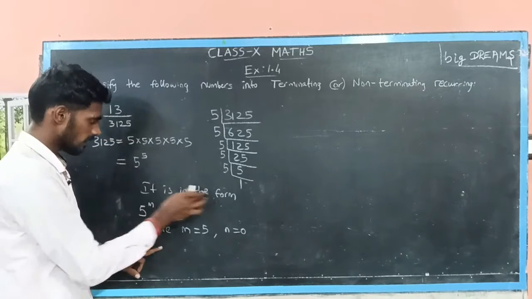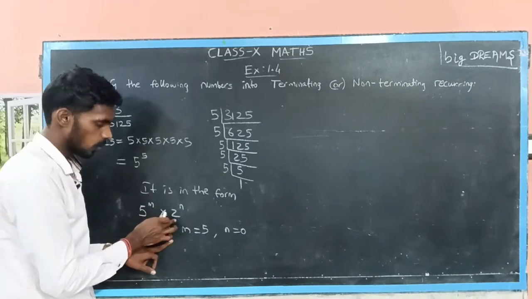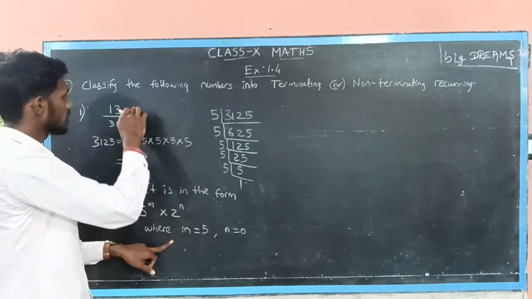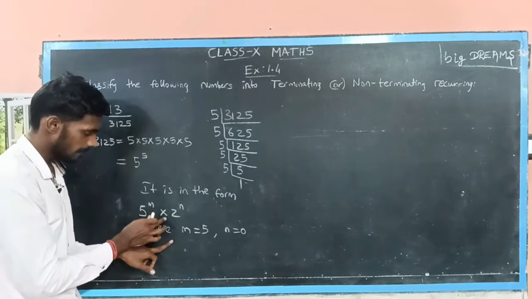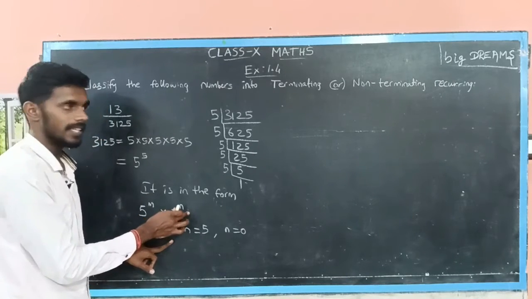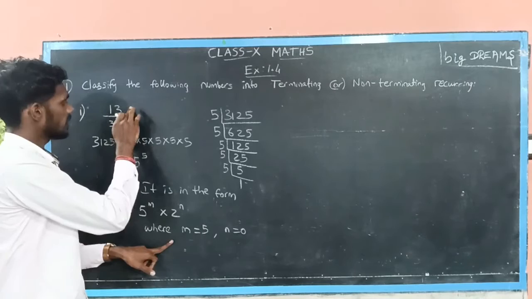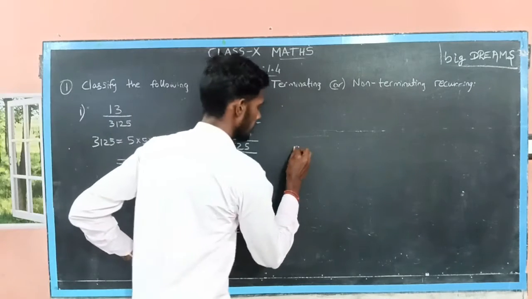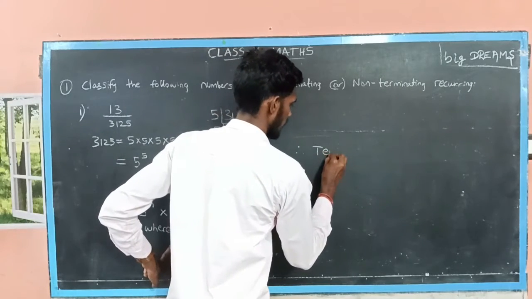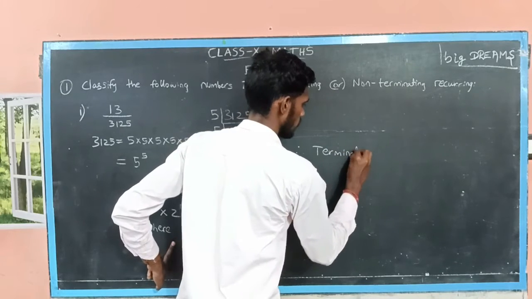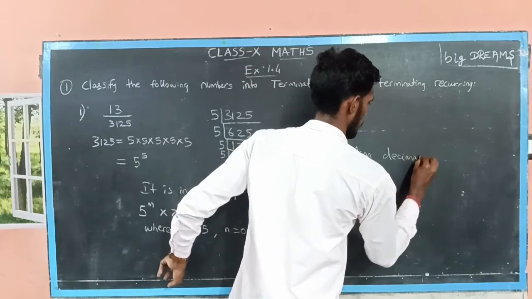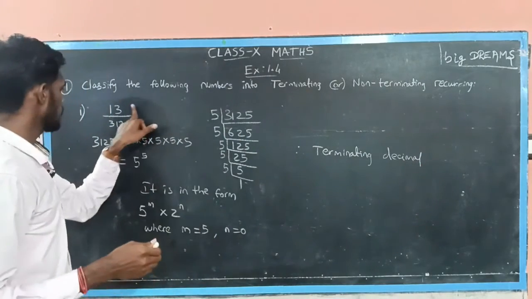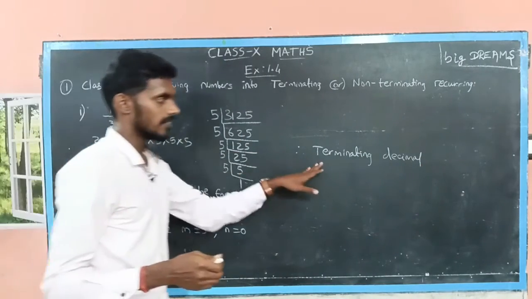So when a number is in the form p by q and q is expressed in the form 5 power m into 2 power n, then the decimal value of this fractional number will be terminating. So 13 by 3125 will have a terminating decimal value.